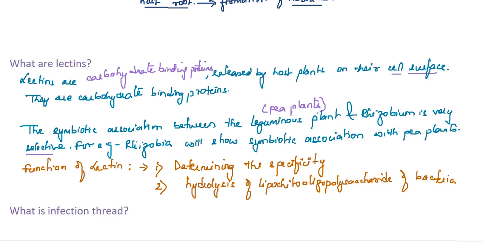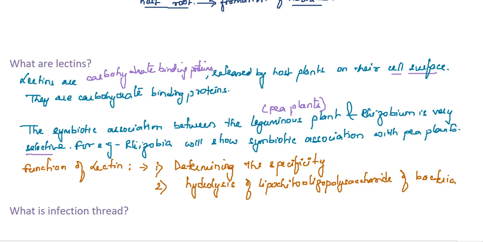So due to the presence of this lectin, rhizobium can identify whether this is the correct plant or not. So they help in determining the specific association between the nitrogenous bacteria and the plant host, and also help in hydrolysis of lipo-chito-oligosaccharide of bacteria. Clear?